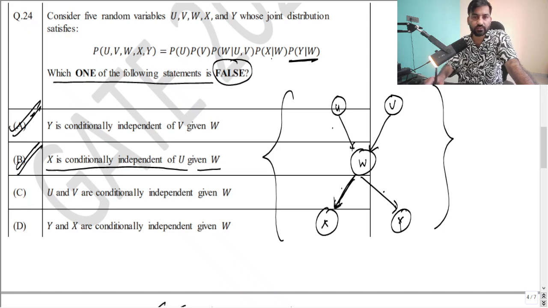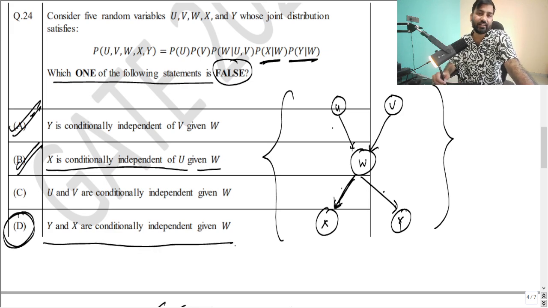Yes, you can see. Now, let us see option D. Y and X are conditionally independent given W. Yes, it is true, guys.